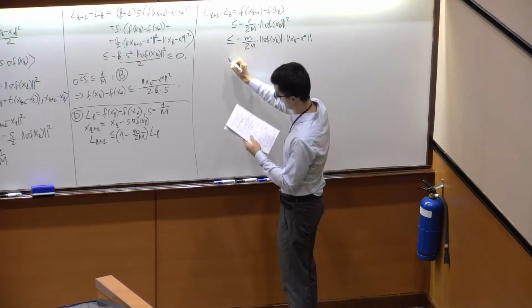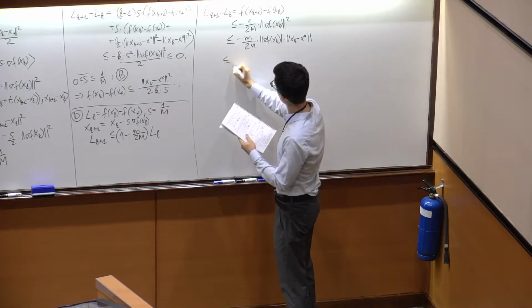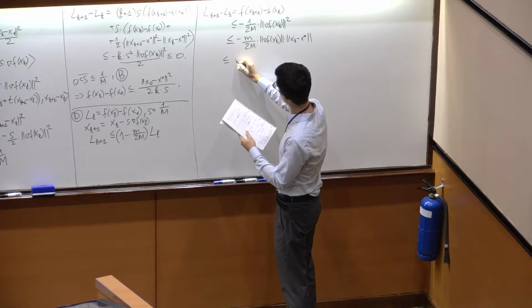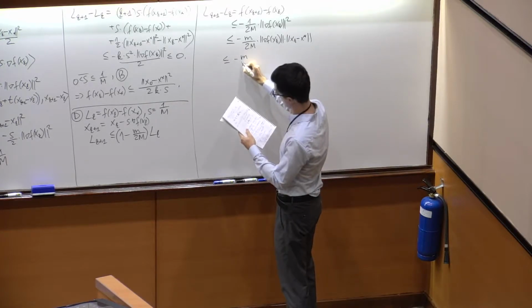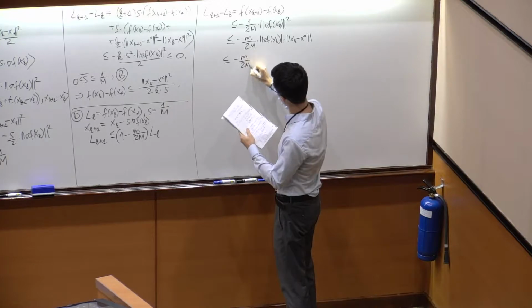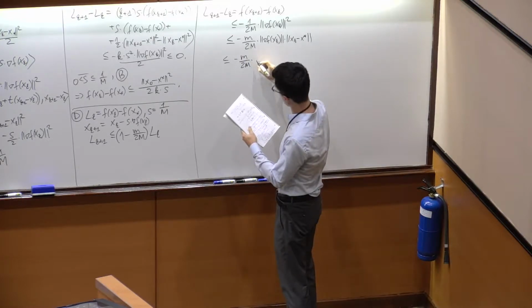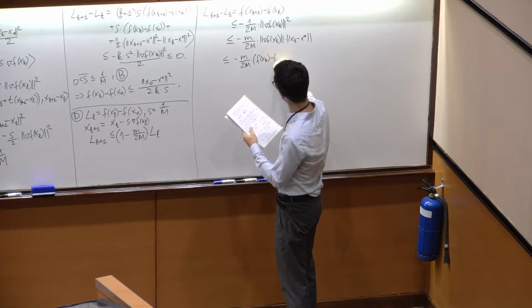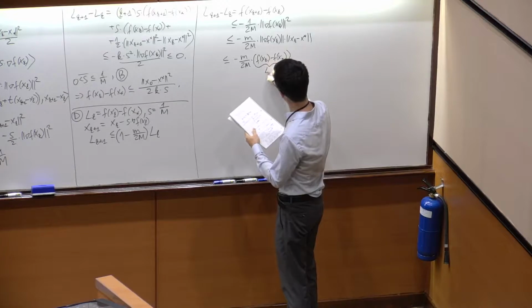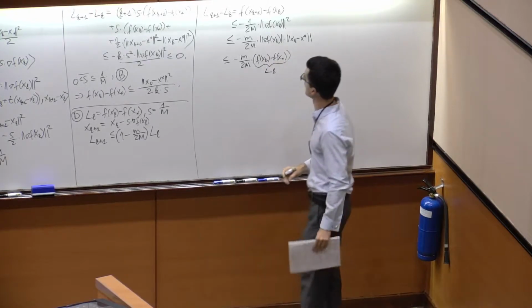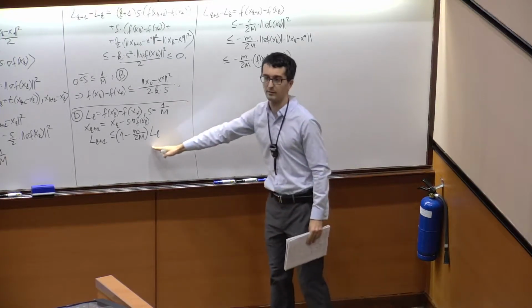And then this is obviously by convexity upper bounded by minus small m over 2 capital M times f xk minus f x star, which is Lk. And then this follows by rearrangement.